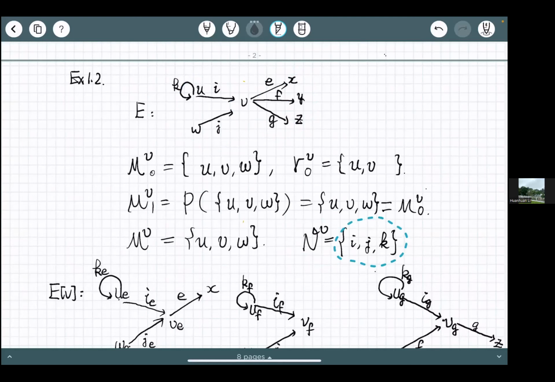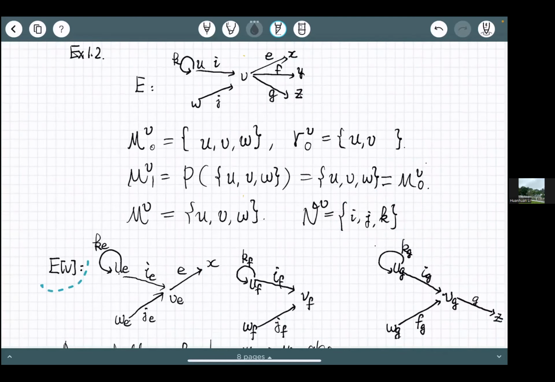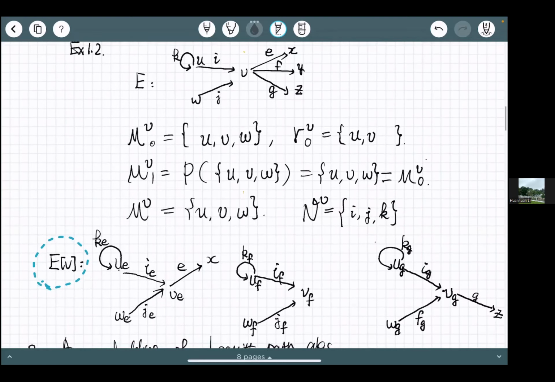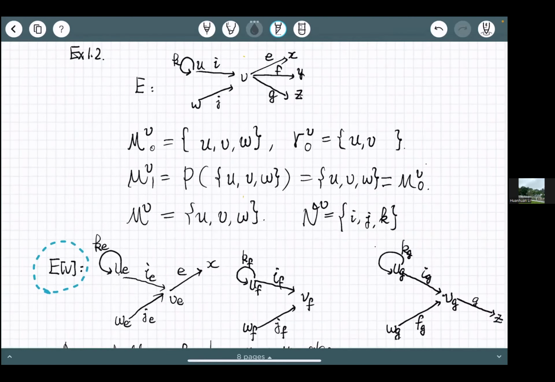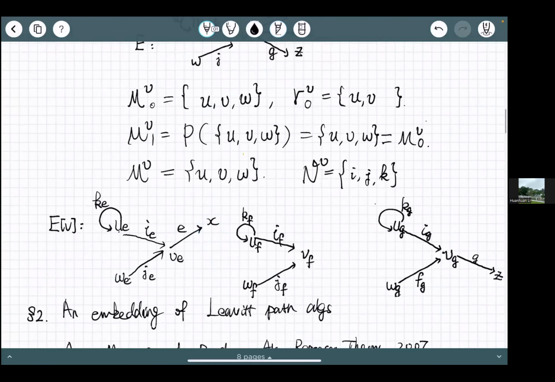So now we will write the new graph EV as follows. For vertices, we have two parts. The first part are those not in MV. So that would be X, Y, and Z. Those are the vertices which are not in MV.